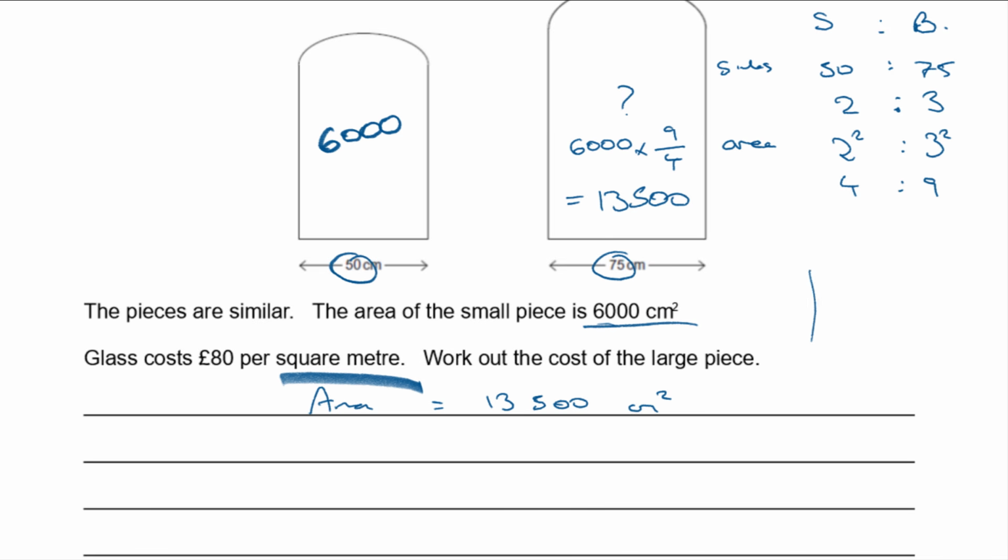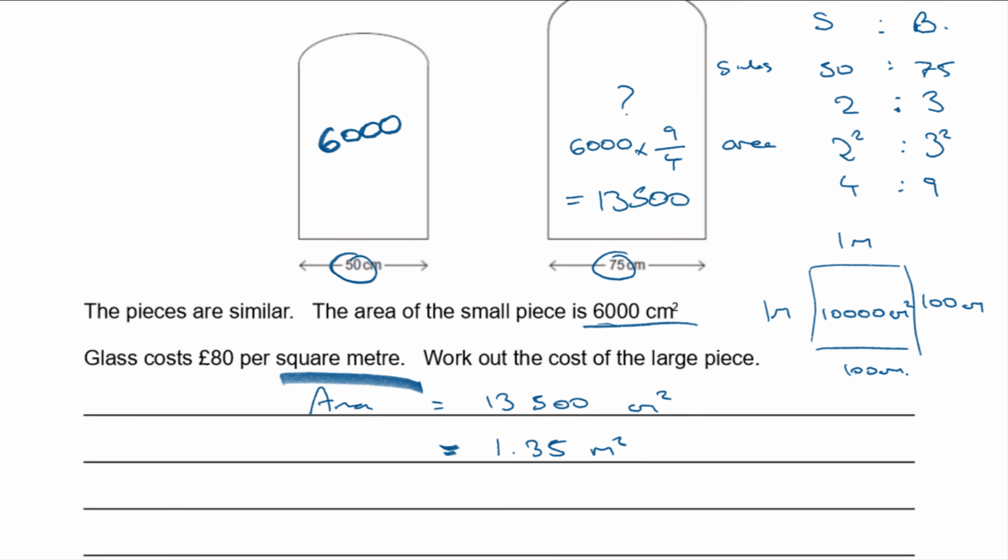Well, if you think about a square meter, 1 meter by 1 meter, it's going to be 100 centimeters by 100 centimeters, isn't it? So 100 times 100 is 10,000 square centimeters in a square meter. So if I want to turn 13,500 square centimeters into square meters, I need to divide it by 10,000, and that's going to give me 1.35 square meters then.